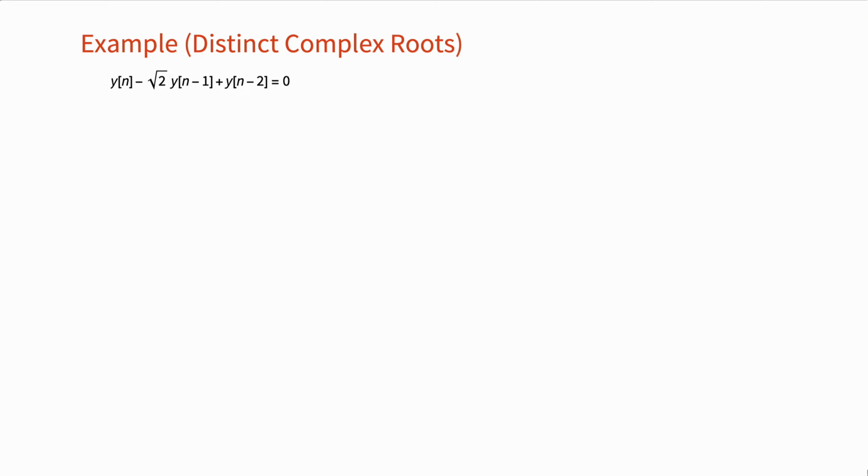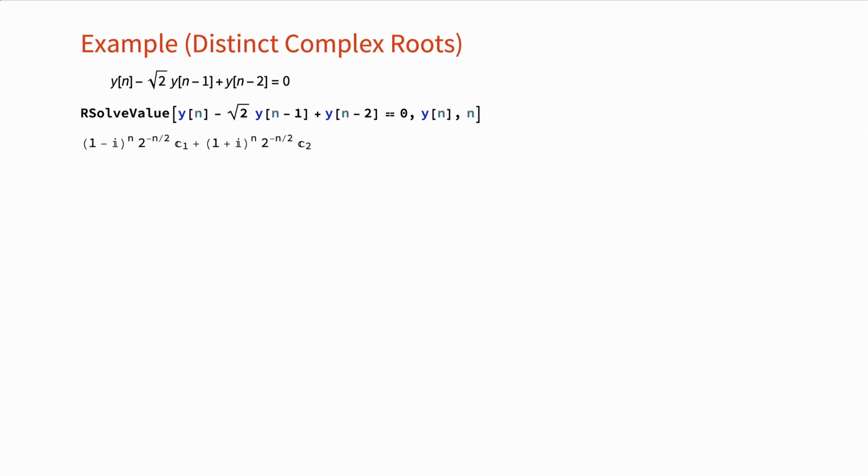Here's one more example. Let's find the solution to the difference equation given here. We could solve the difference equation using the Wolfram language. The solution is found as shown here, exponential terms with complex coefficients. Now to solve the problem by hand, we replace y(n) by the exponential term r to the power n, which gives us the characteristic equation as we have here.